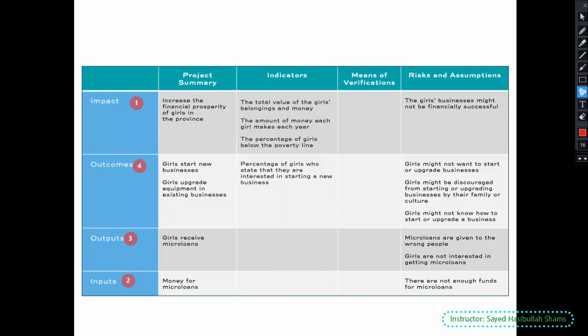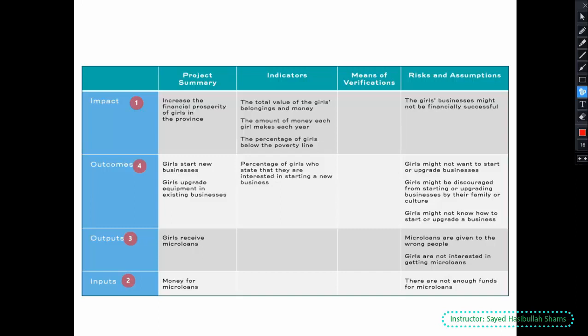Assumptions are things that are not supported by evidence. It means our bias in our belief about how our people or something will behave. Assumptions may be negative or positive, but they affect our project, and we must carefully consider assumptions and risks in the projects.